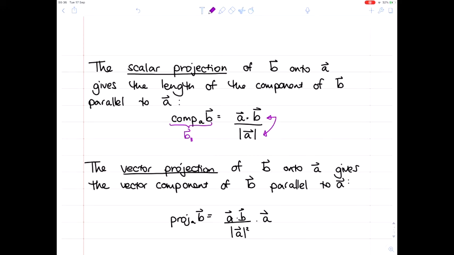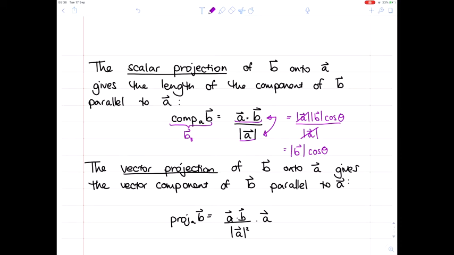One way to see how this works is, let's remind ourselves that A dot B is really the length of A times the length of B times the cosine of the angle between them, and we're dividing through by the size of A. So since we can cancel our length of A top and bottom, what we really end up with is the length of B times the cosine of the angle between them.